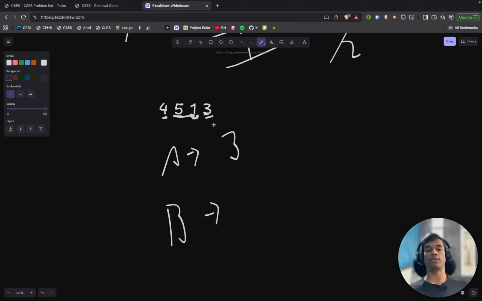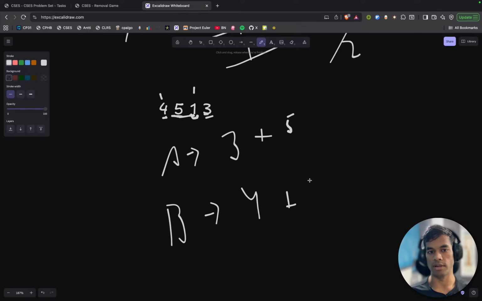She will get 5 no matter whether Bob goes with 1 or 4. Bob, let's say, chooses 1 or anything, he can choose 4 or whatever he wants, and Alice will choose the 5 because now 5 is open, and then Bob will choose the remaining number, which is 1. And here the answer is 5. Here the answer is 8. 8 is the correct answer.